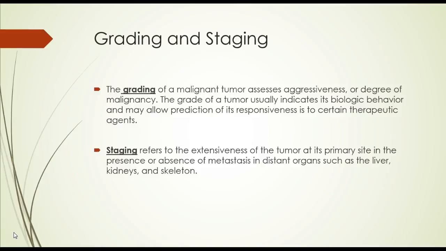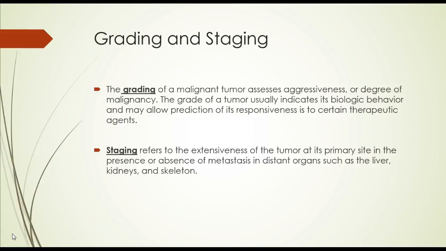Finally, I want to talk about grading and staging. These are 2 things that oncologists use to help understand how progressive or how far along a neoplasm or tumor may be. The first thing they might look at is the grading of a malignant tumor, which looks at its aggressiveness and the degree of malignancy.